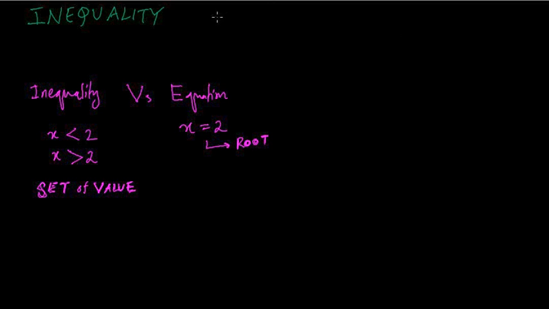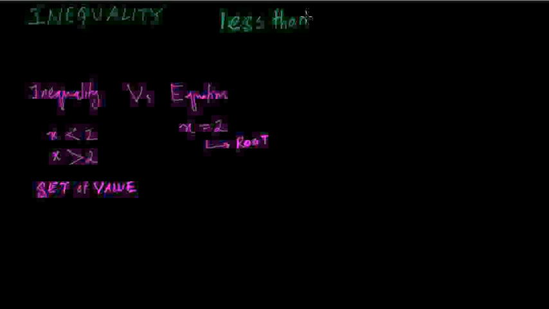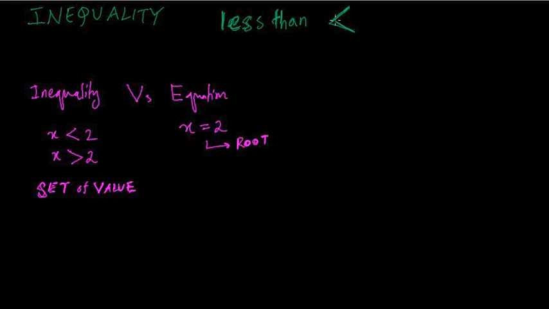Now when we say that we have to solve an inequality, before that we have to be familiar with the two inequality symbols. They are called the less than symbol, and remember to read it from the left, because from the right it looks a bit different. From the left, this is called the less than symbol, and the other inequality symbol is called the greater than symbol.